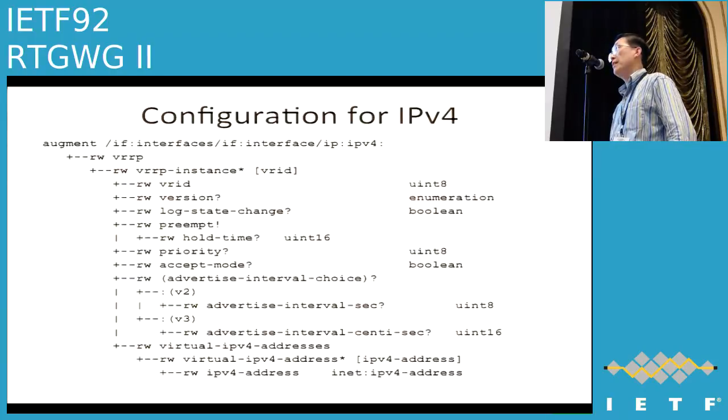On a separate VRRP router, we can configure pretty much the same thing. If you use the same VRID, then the two VRRP routers will build a virtual router. So this way we can build redundancy.